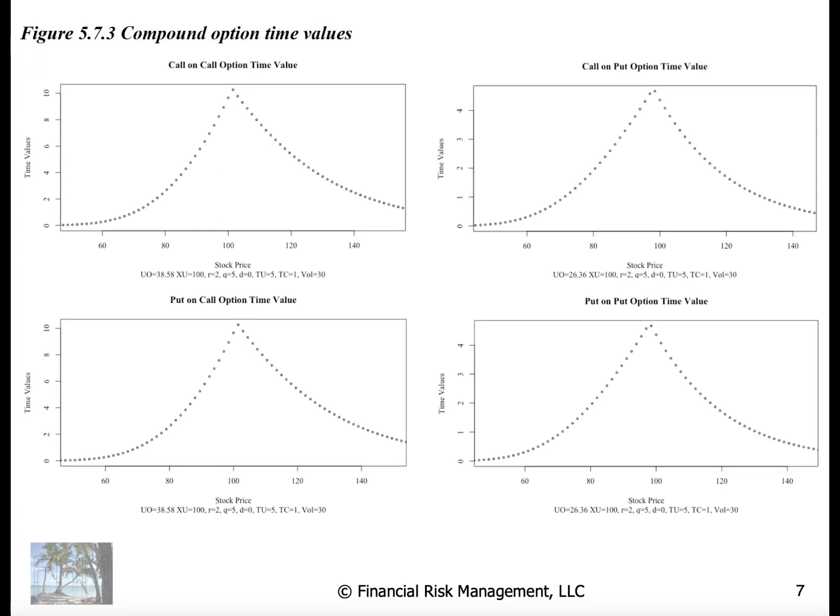The time values of these compound options, this should begin to look familiar. The positive, the more mass as stock prices go up reflects the implicit log normal distribution. And that's an empirical question on whether that's the right way to go.